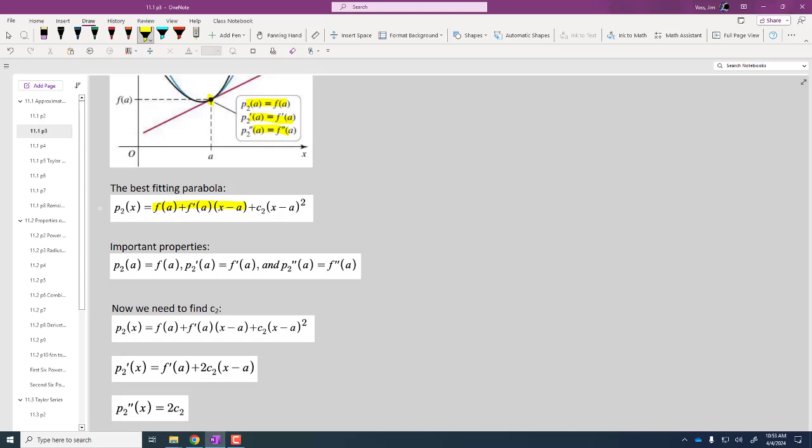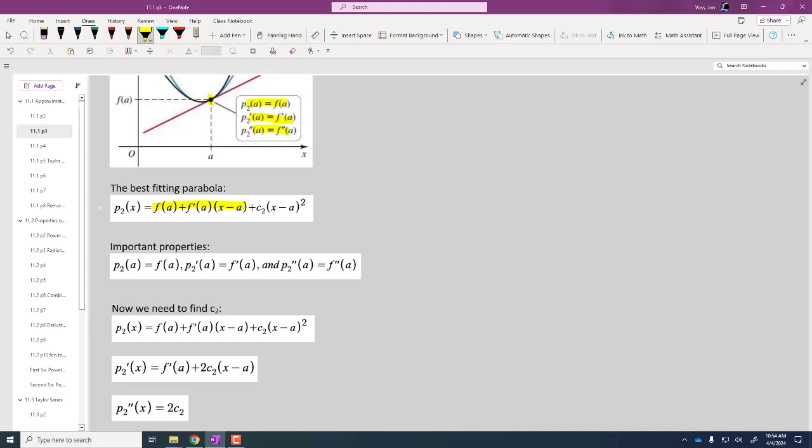That's the value of the original function, the black function up there. That's f of a. So when we plug in an a here, this term disappears and this term has to disappear if we want to enforce that the values match. So this quadratic term has to have an x minus a in it so that this will cancel out when we plug in an a.